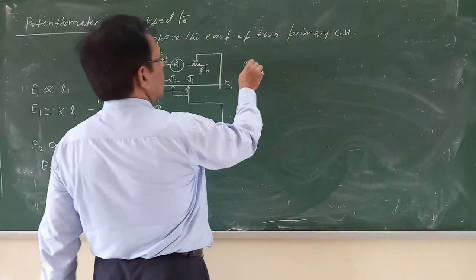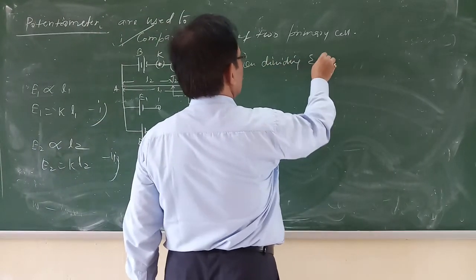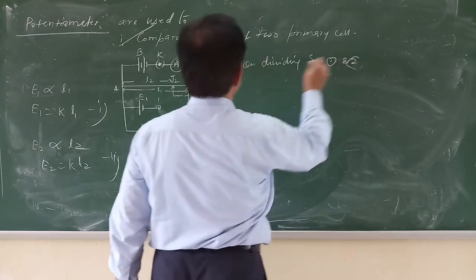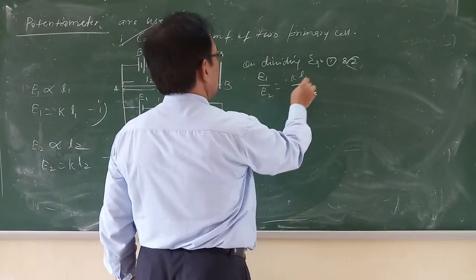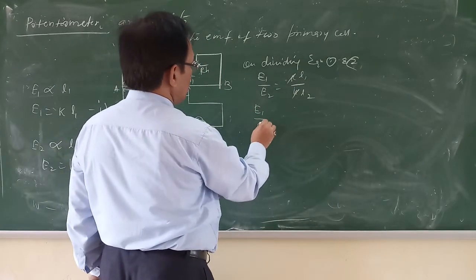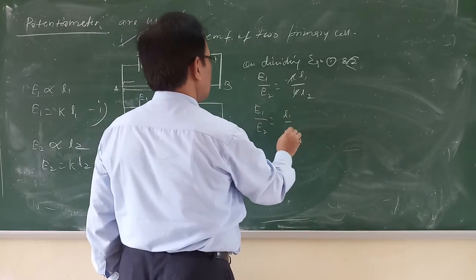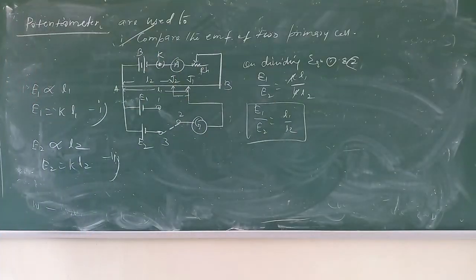On dividing, you will get E1 by E2 equals K L1 by K L2. So E1 by E2 equals L1 by L2. This is the method of comparing the EMF of two cells. Note down.